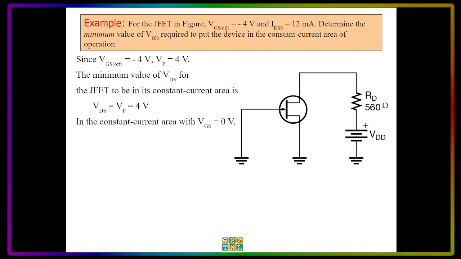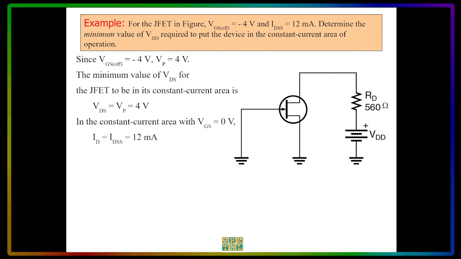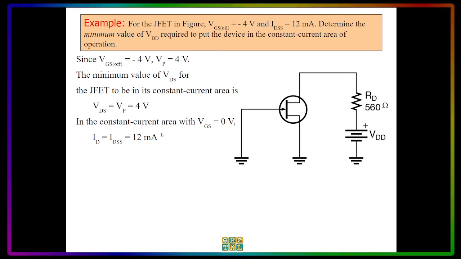Now in the constant current area with VGS equals 0 volt, the ID will be equal to IDSS, which is equal to 12 milliamperes. So whenever the VGS is equal to 0 volt, the ID will be equal to IDSS.